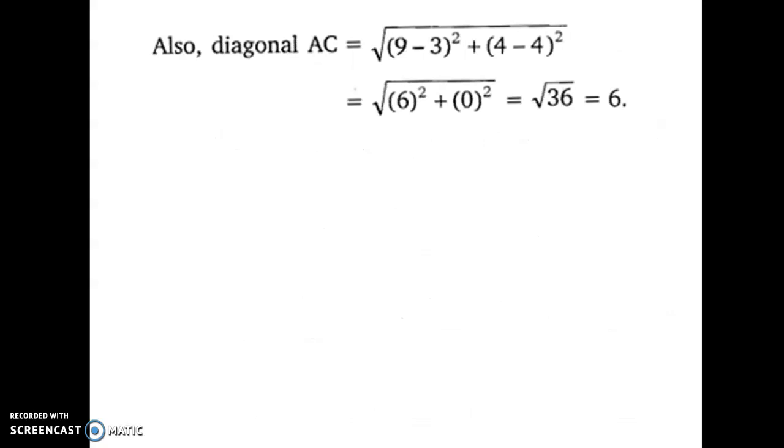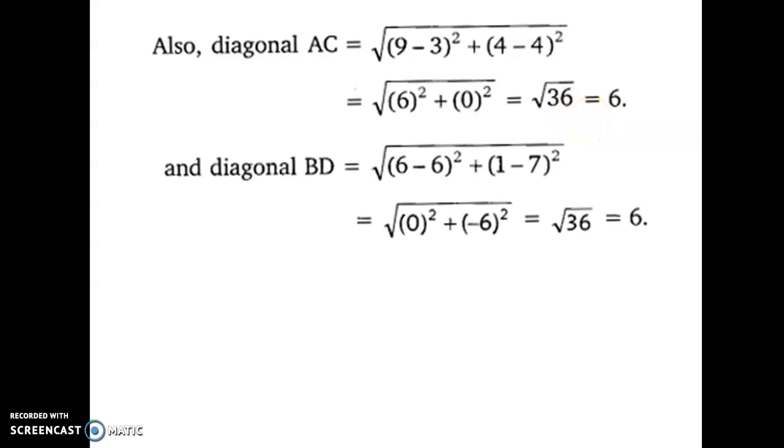Diagonal AC. So AC is the diagonal. So substitute values. You have 9 and 4 as the C coordinates, and 3 and 4 as the A coordinates. You take those and substitute in the formula. Understood? So you get the distance of AC as 6. Then BD, which is one more diagonal.